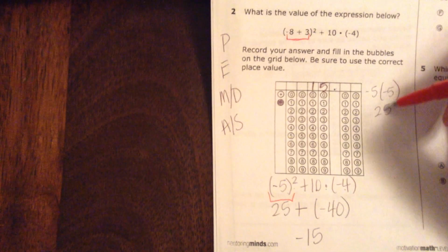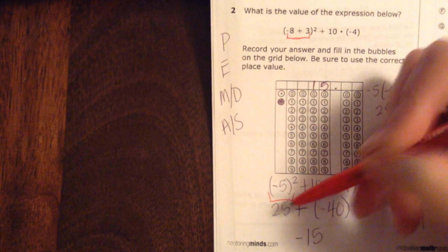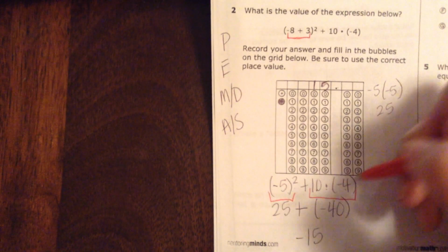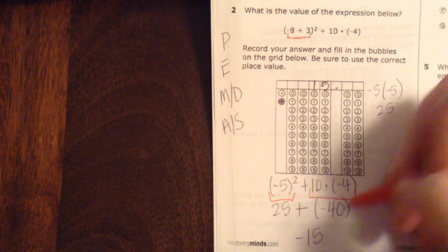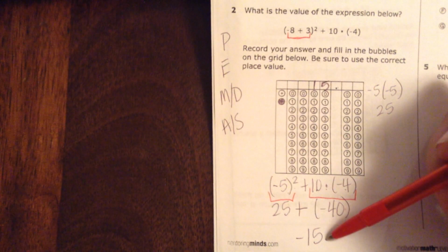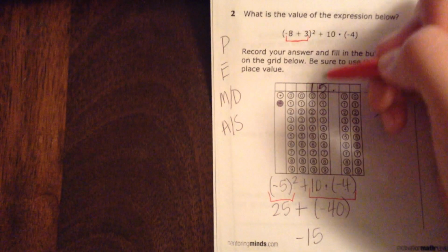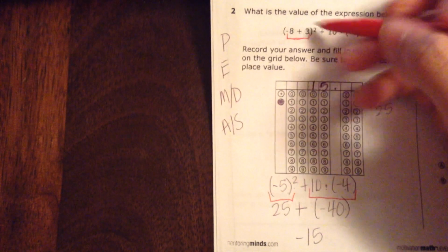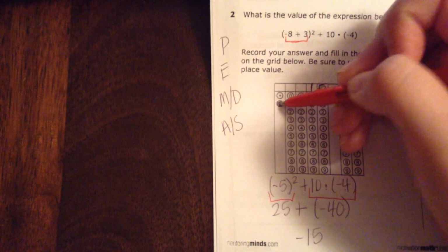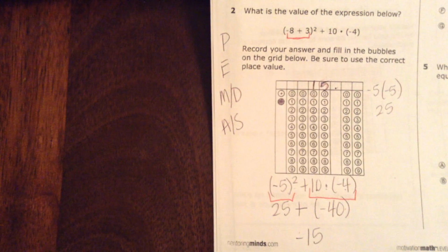A negative times a negative is a positive, so we're going to have positive 25. Then we did positive 10 times -4 is -40. Then positive 25 plus -40 is -15. So we have 15 is a whole number, so it goes in front of the decimal, and then we shade in the negative because it's a -15. Okay.